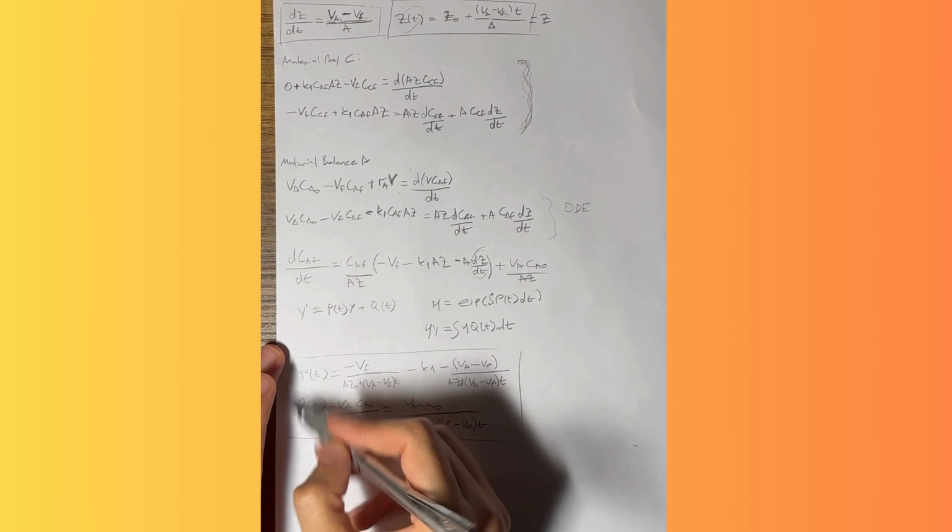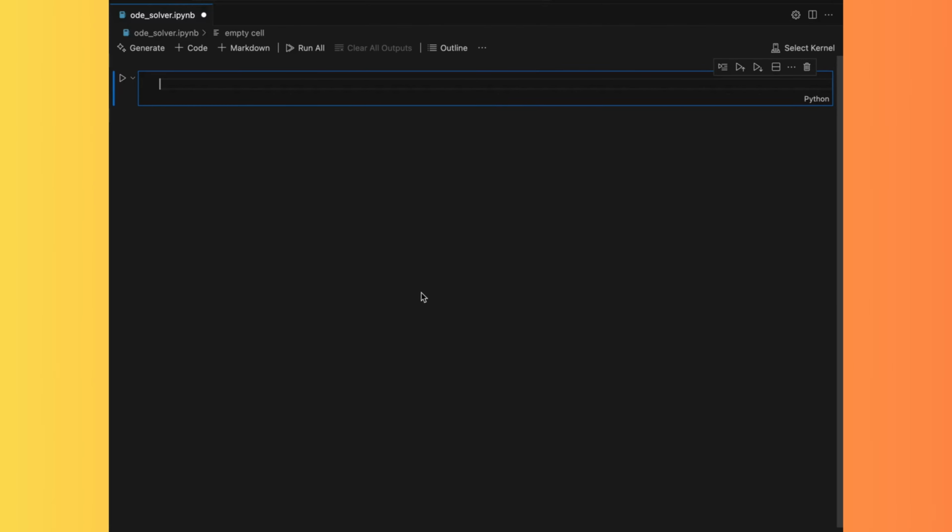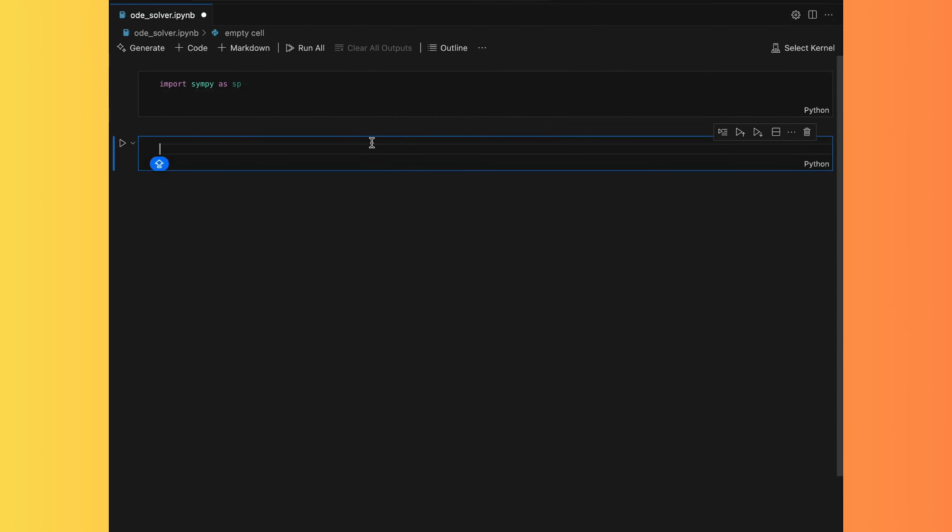Let's solve the equation. Hi everyone. Let's continue with solving the ODE using SymPy in Python. First, we import our library: import sympy as sp. Then our symbols.